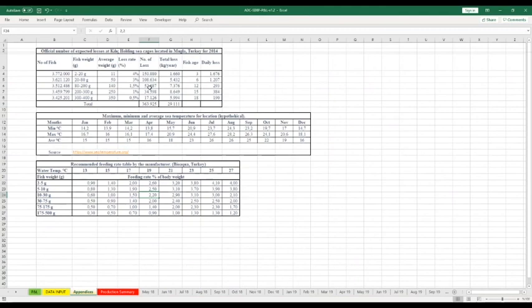Of course, this is a sea cage, so there are also expected losses, but this can be considered as mortality in a RAS system because of a not well-managed system or something like that. There will be losses for sure.